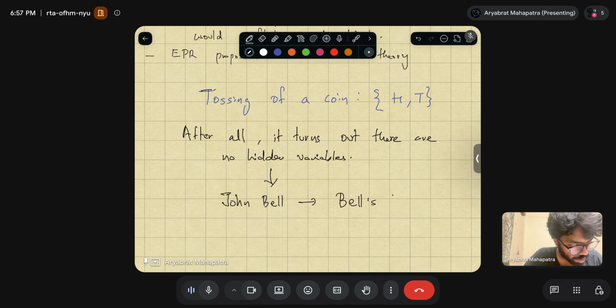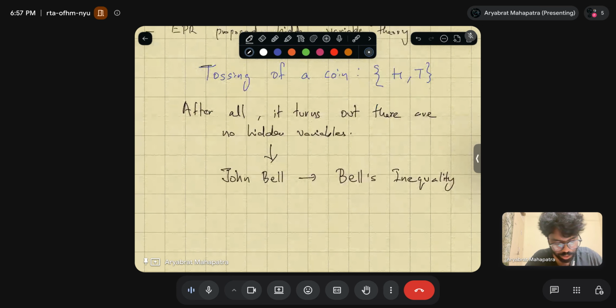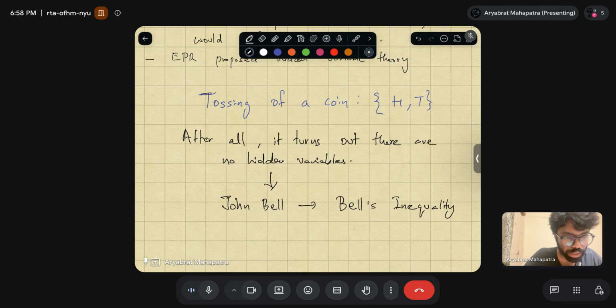Maybe we'll try to discuss it if there is time here, or in the next discussion. So Bell's inequality finally proves that there are no hidden variables, and whatever we see in how quantum mechanics behaves, that is the entire story. There is no hidden variable.